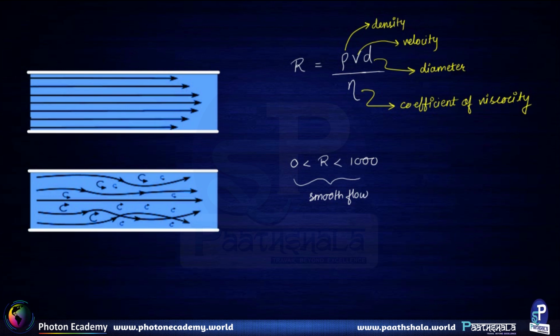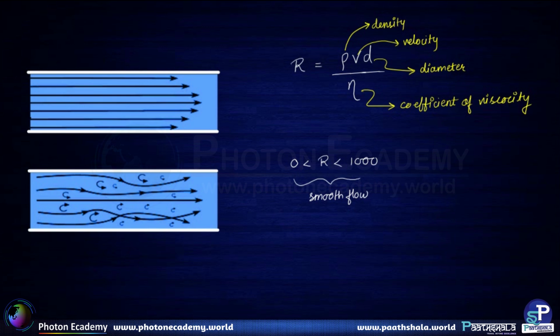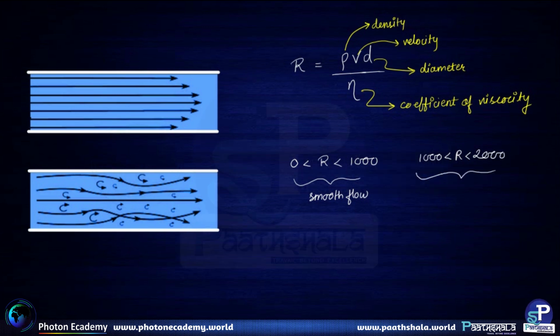All right. If the Reynolds number is between 1000 and 2000, that means turbulence is beginning. Okay, so this is the beginning stages of turbulence.